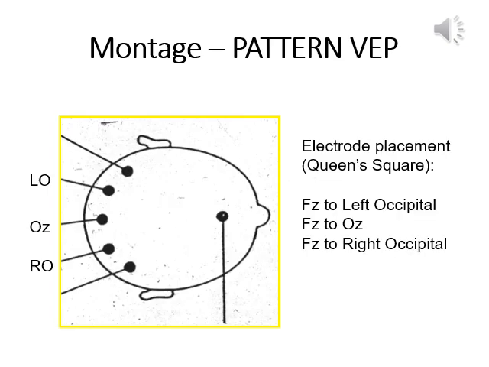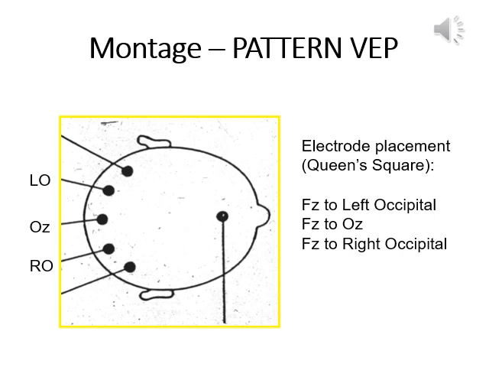The montage for the pattern reversal VEP typically consists of 4 electrodes. The reference electrode is a midline frontal electrode, and there are 3 to 5 electrodes along the back of the head. In an adult pattern reversal VEP, the electrode placement is typically according to the Queen Square method, where the midline frontal electrode is located 12 centimeters above the nasion at midline.